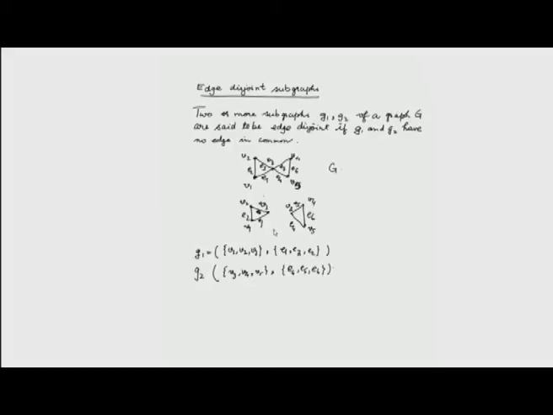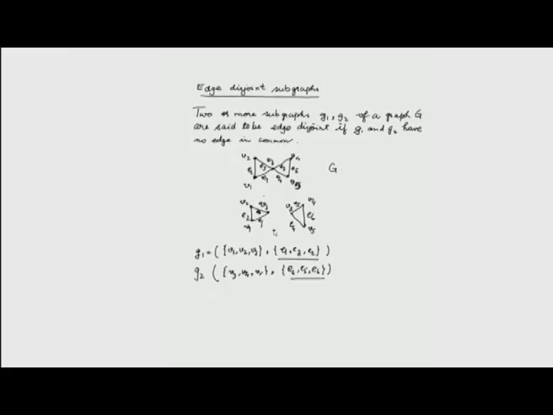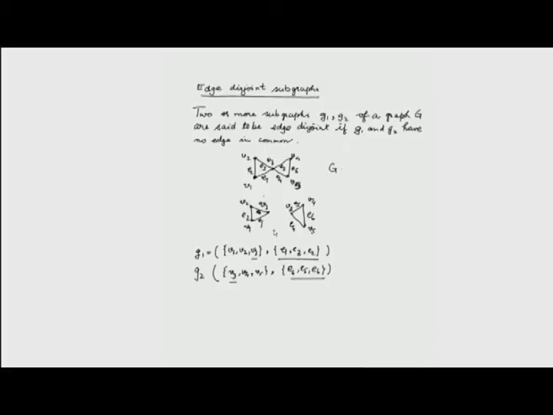Then G1 and G2 are edge disjoint subgraphs. See that this is the set of edges for G1 and this is the set of edges for G2, and there is no common edge, but it does not mean that they do not have common vertices. We see that the vertex V3 appears in both the sets of vertices of the subgraphs.